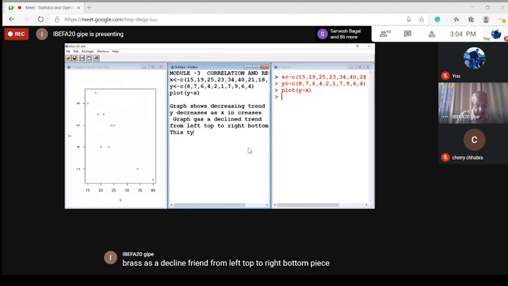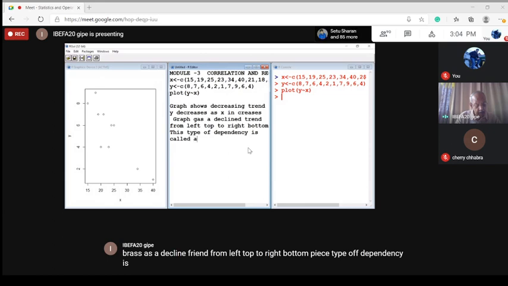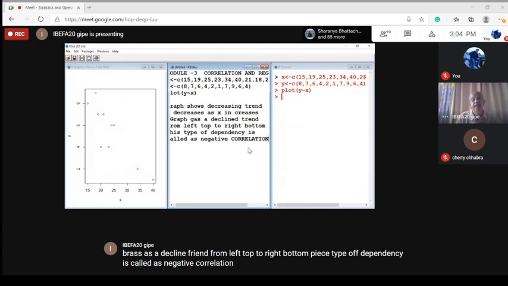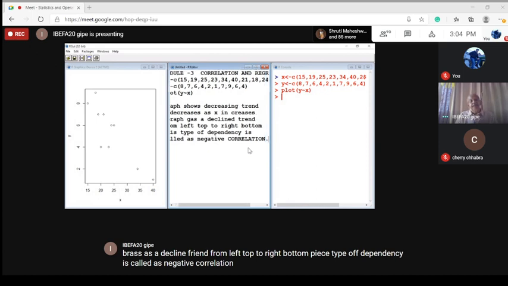This type of dependency is called negative correlation. As X increases, the tendency of Y is to decrease.